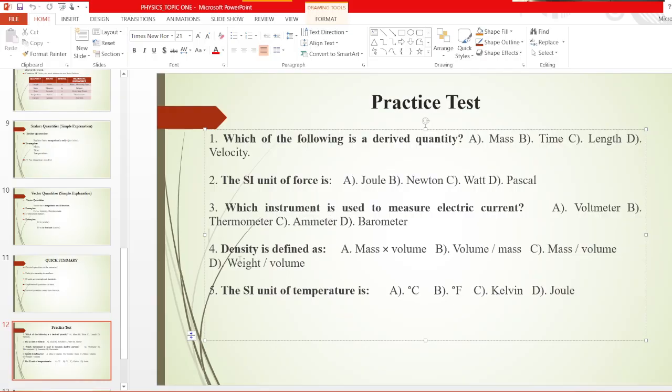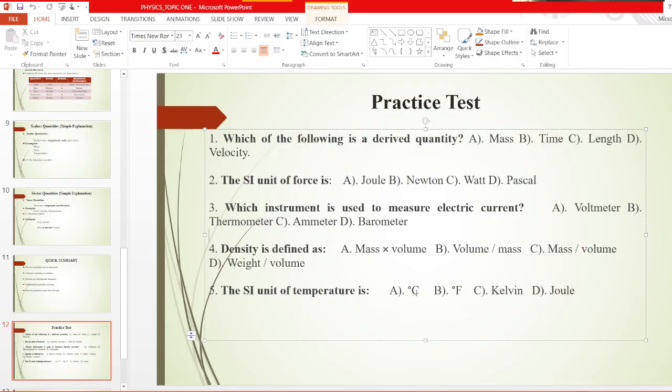They said density. What is density? Density is a derived quantity, and it has to do with mass divided by volume. The SI unit of temperature, like I said, is what?